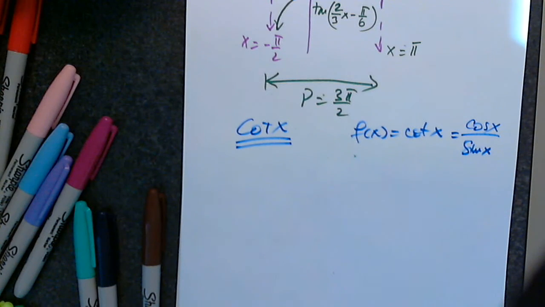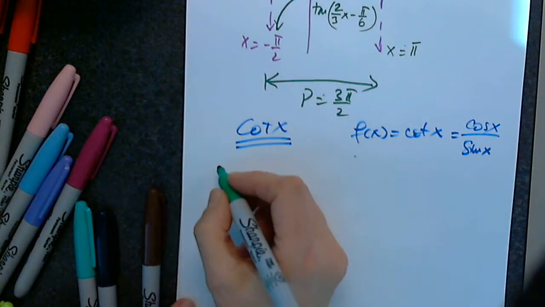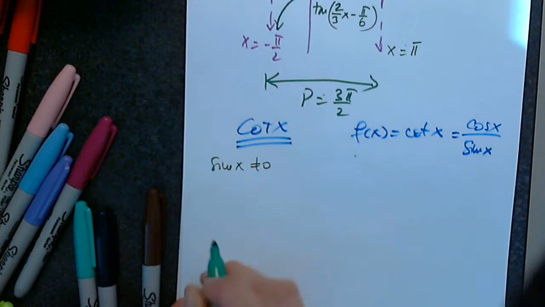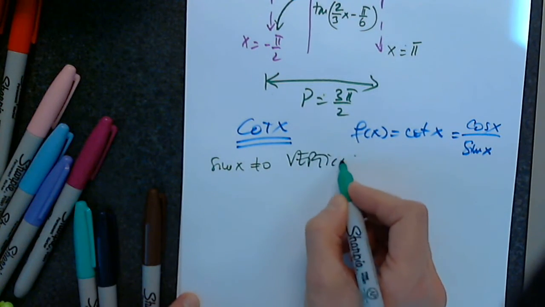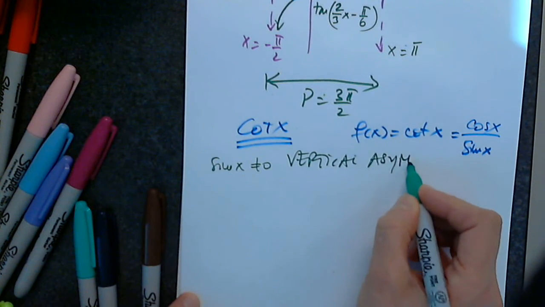What are the possible problems here with cotangent? When sine is 0. Right. So when sine is 0, there is a problem. The function will have vertical asymptotes.